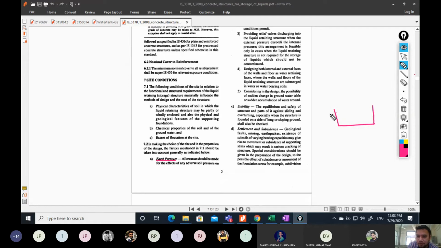When the storage is empty, you will have a lateral earth pressure from the surrounding soil, and when the tank is filled, you will have hydrostatic pressure from the water inside. So it will be subjected to earth pressure also.